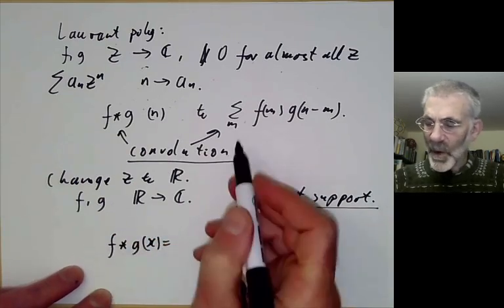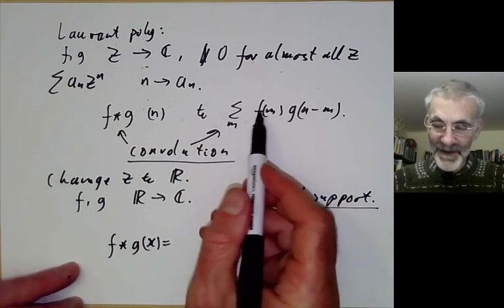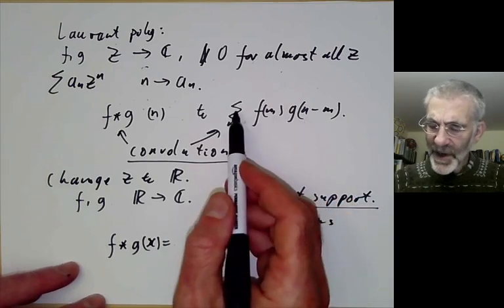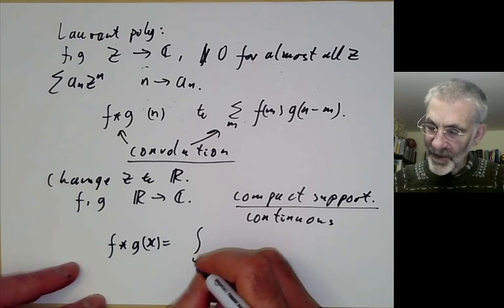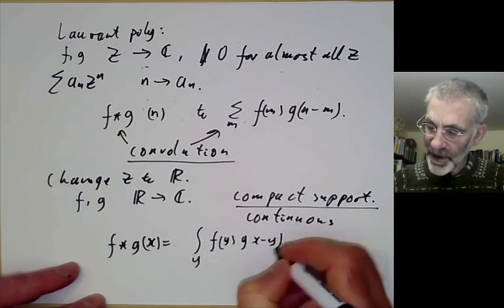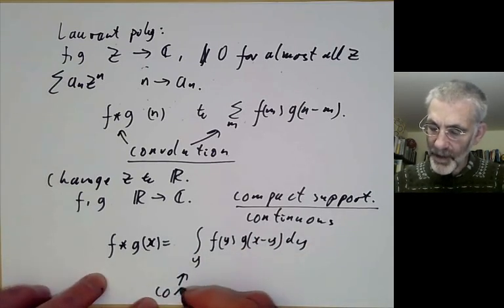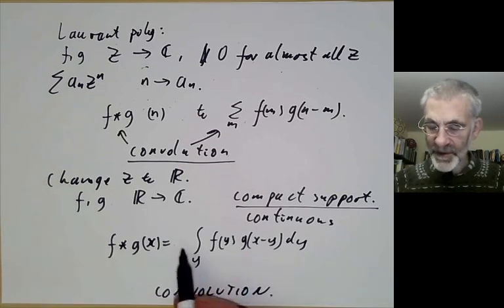Well, I can't sum over things because these functions are non-zero for an infinite number of values, but summation is more or less the same as integration. So I'm going to integrate over y of f(y) g(x minus y) dy. This is also called the convolution of two functions.